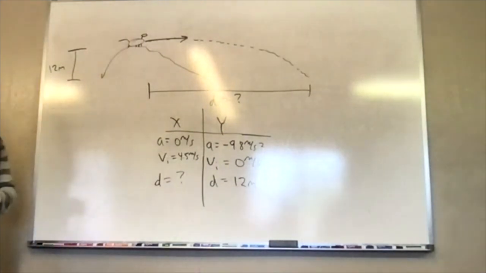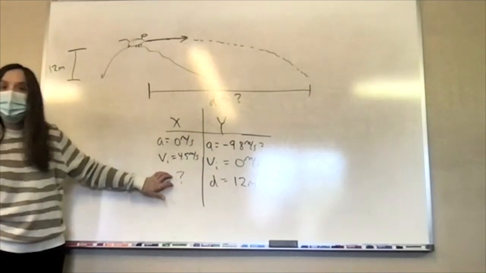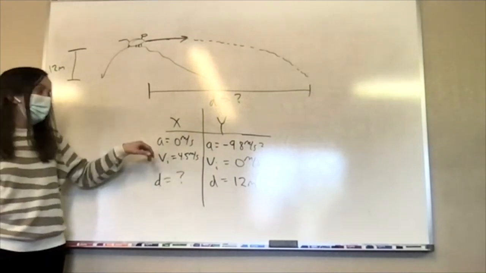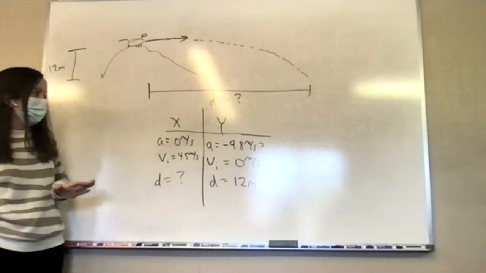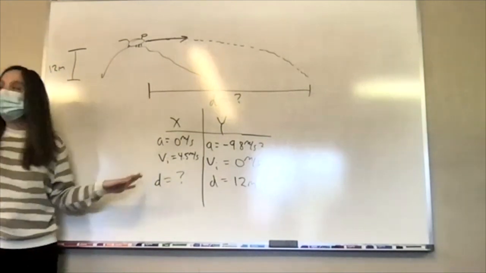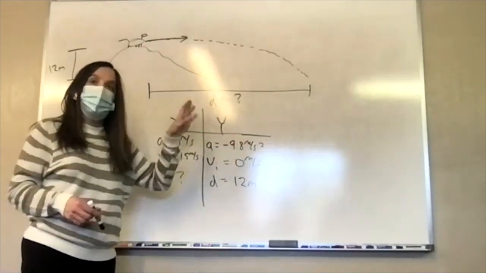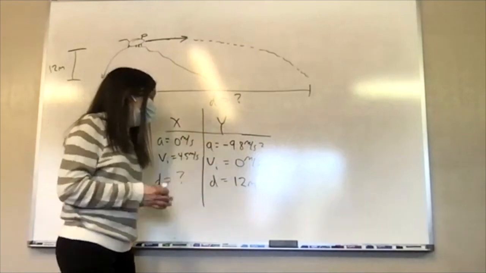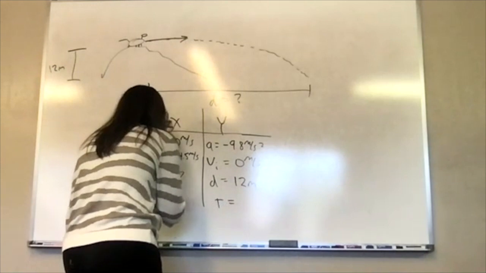So what we want is an answer in the x dimension, but we don't have three things known. Without three known variables, we cannot solve in the x dimension. But we do have three variables in the y dimension. So what we can do is use the three variables to solve for time, because time is the same for both dimensions.